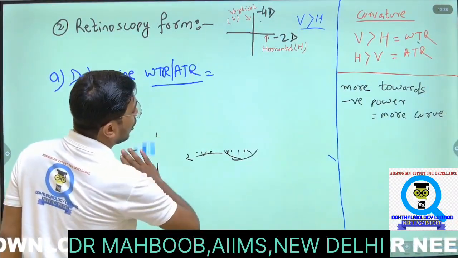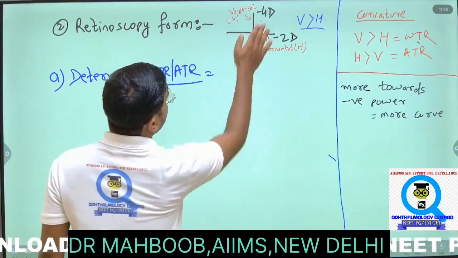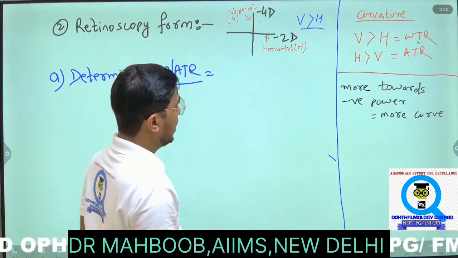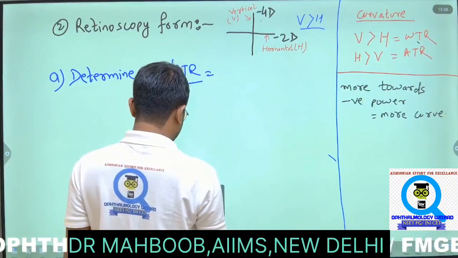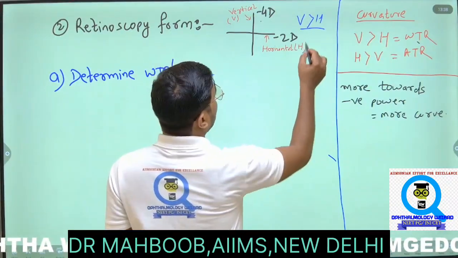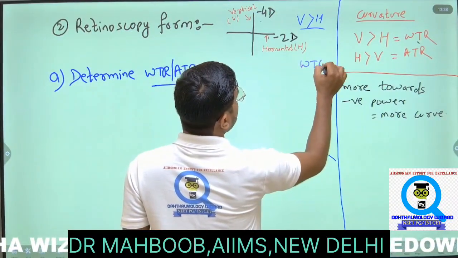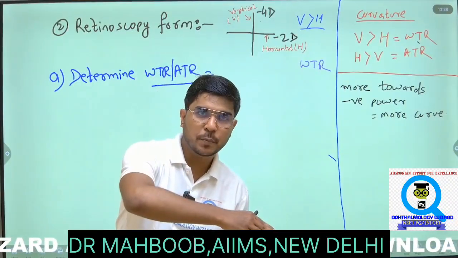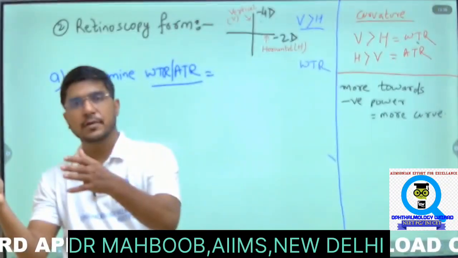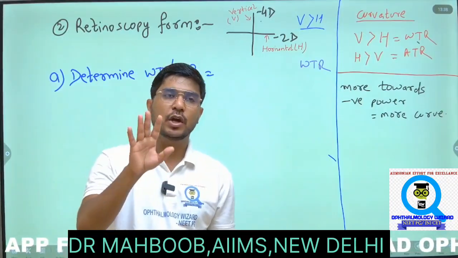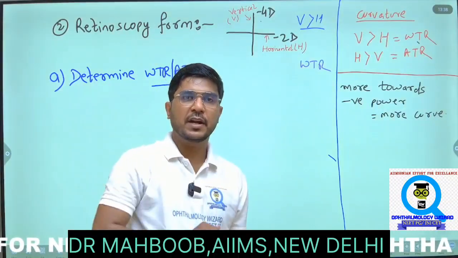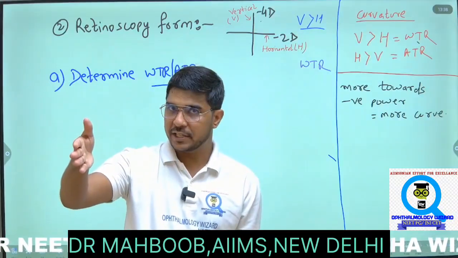So for the given prescription, retinoscopy, we determine it is with the rule astigmatism. So first thing first, whether it is retinoscopic form or prescription form, first you have to rule out whether it is with the rule astigmatism or against the rule astigmatism.